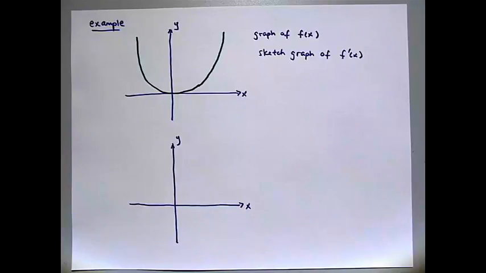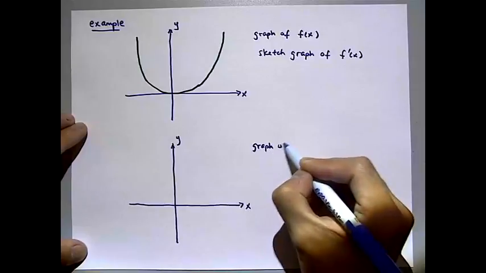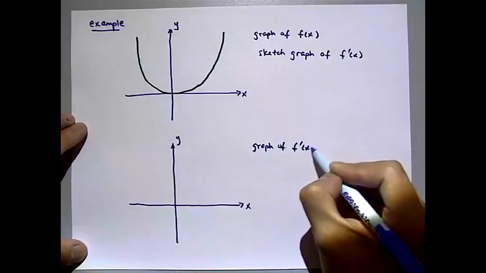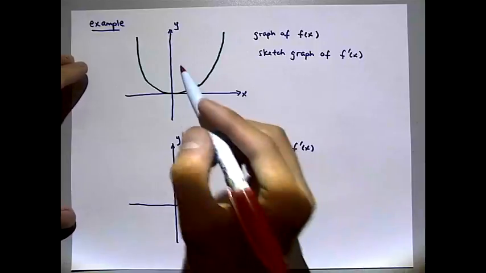Okay, so keep in mind that every single point on the graph of f prime represents the slope of the tangent line on the graph of f. Let's start with 0 right here.